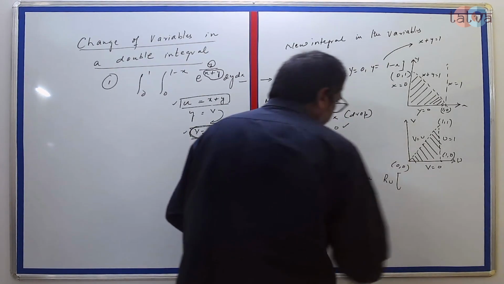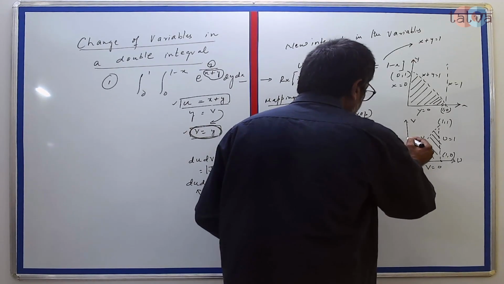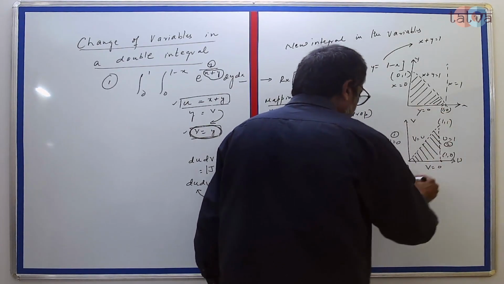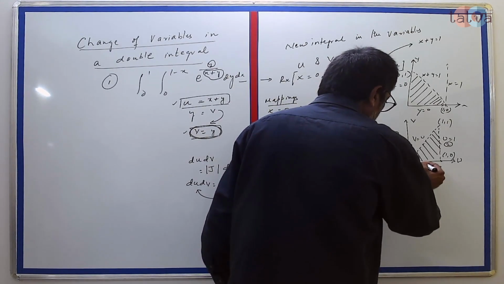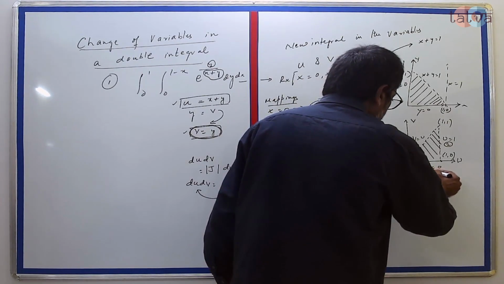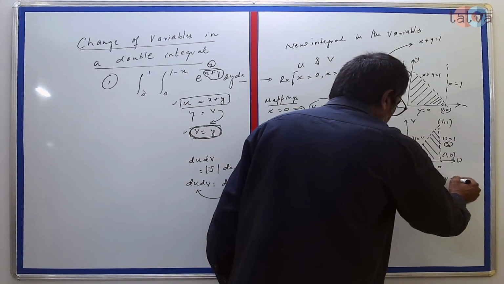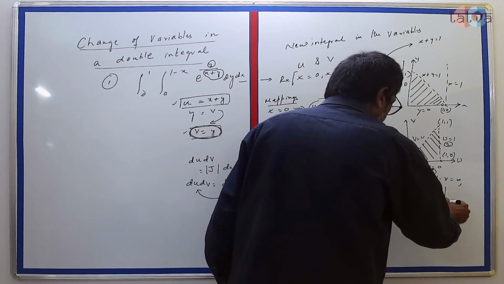So I'll call it an RU region with u is equal to 0, u is equal to 1 as the vertical lines or vertical boundaries. V is equal to 0 will form the lower boundary and v is equal to u will form the upper boundary.